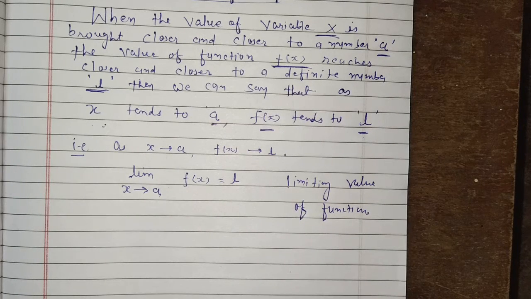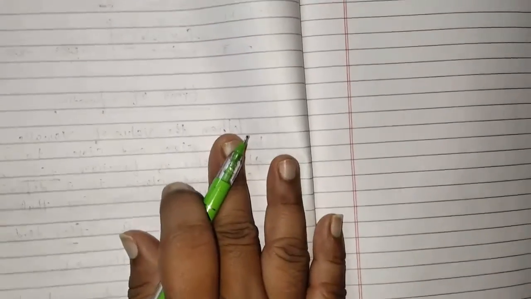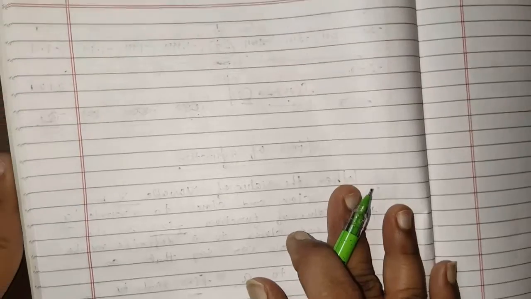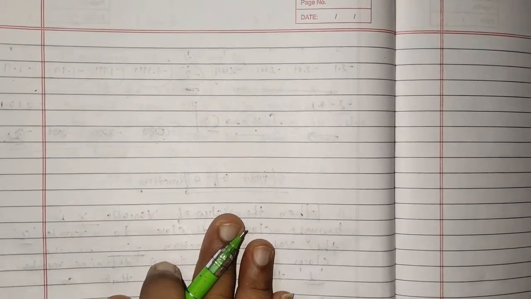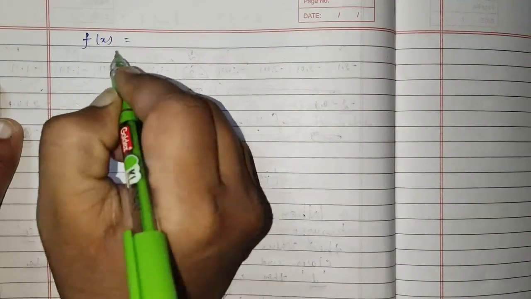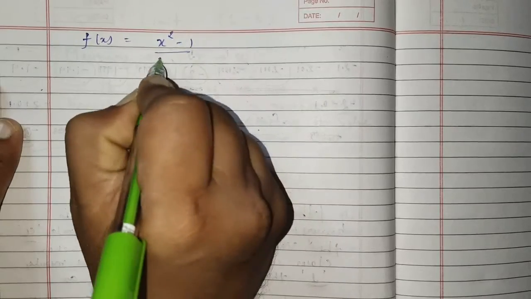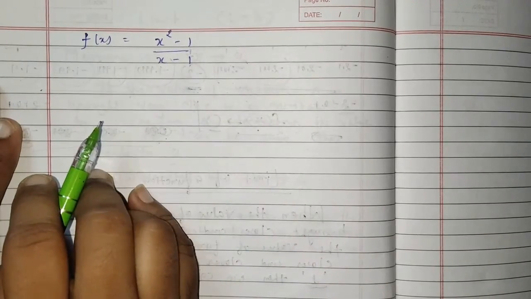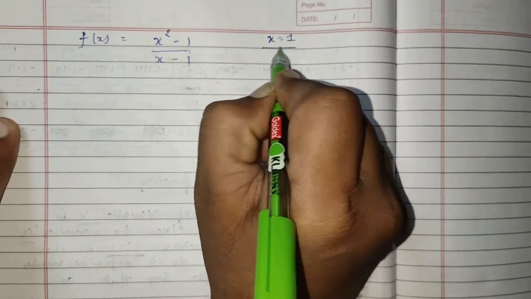Now we'll discuss one problem so we can make it all very clear. Okay, for example f(x) is equal to x square minus 1 divided by x minus 1, and find the value for x is equal to 1.